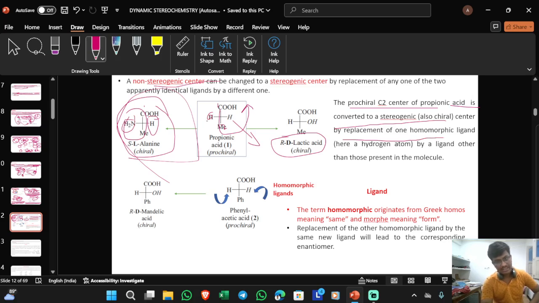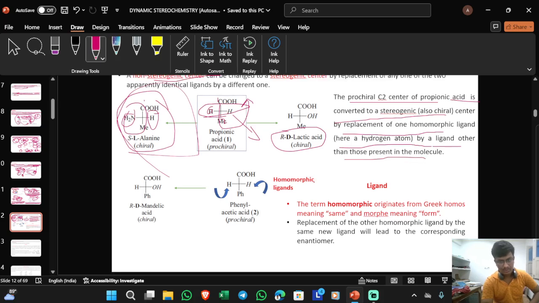These are ligands, and a homomorphic ligand is where the hydrogen atom is replaced by a ligand other than those already present in the molecule. The same ligand. Homomorphic ligand means the same, and monomorphic means form relationship. The other homomorphic ligand, if replaced by the same new ligand, will lead to the corresponding enantiomers.